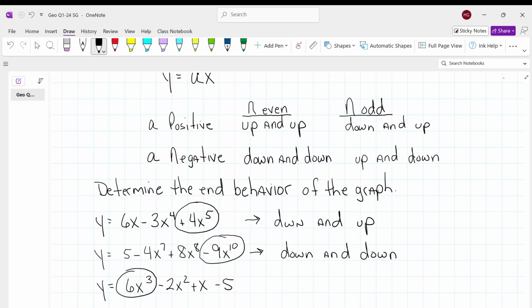And the term with the highest power is listed first. So that's our leading coefficient. Our a is positive and our n is odd. So when a is positive and n is odd, we got end behavior that is down and up. Everybody okay with that?